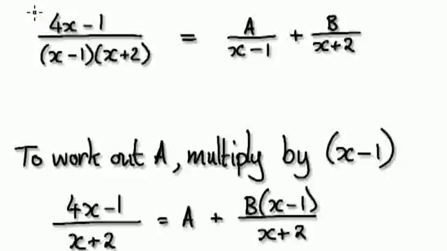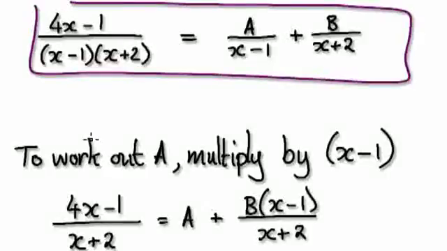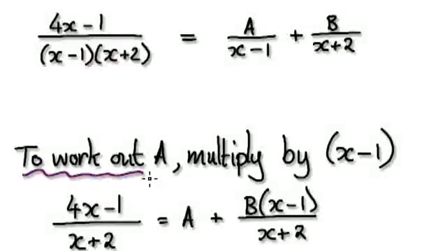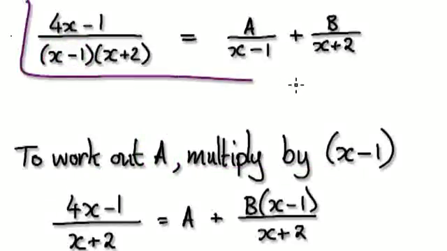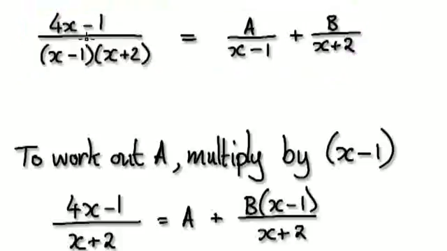So to work out A and B, looking at this whole thing here, to work out A, multiply both sides by this thing here. So on the left hand side you will have x minus 1. So you're multiplying both sides by x minus 1.